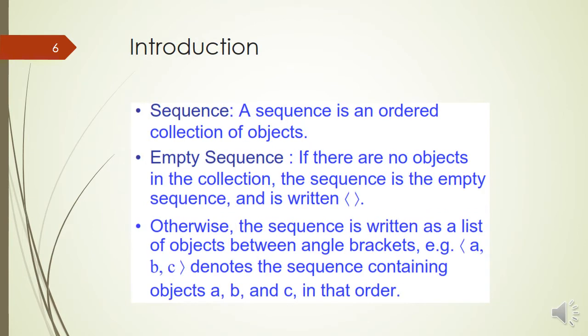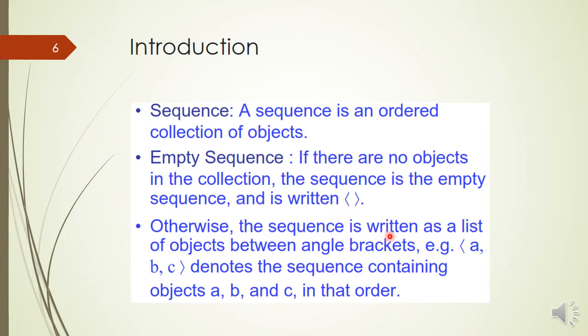The concept of a sequence is similar to the concept of an array in programming languages, and a sequence is represented by angle brackets. For example, two angle brackets with no element in them represent the empty sequence. If there are elements in a sequence, then those elements are listed in angle brackets.